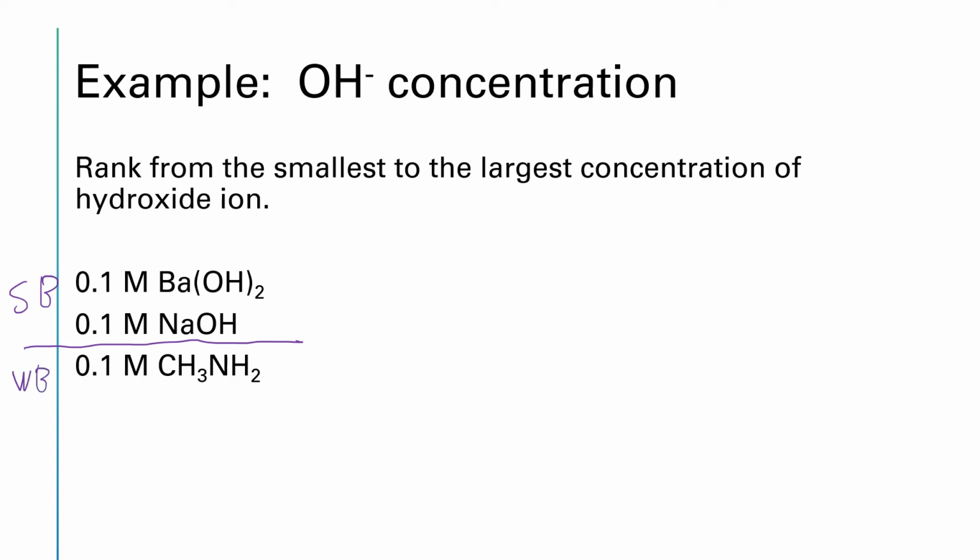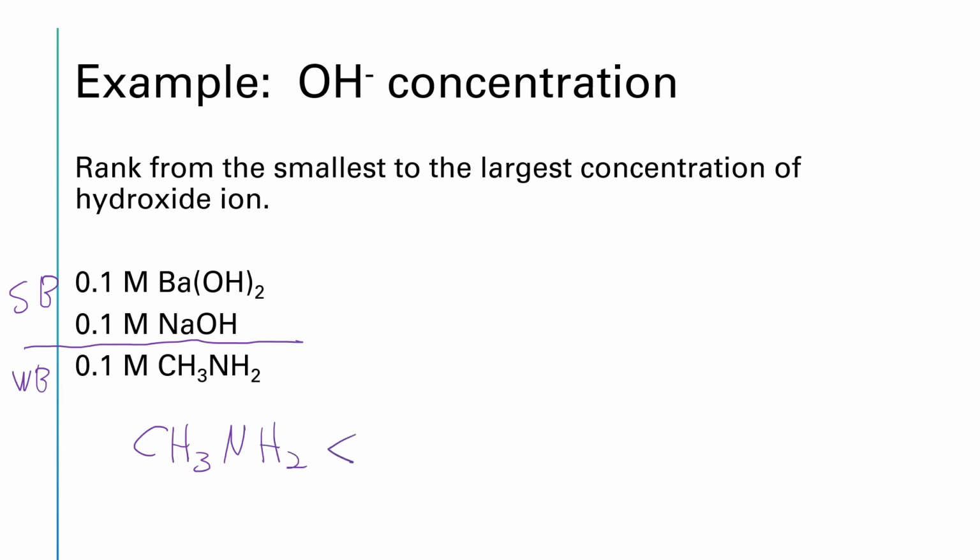Being a weak base means it only ionizes a little bit, and so while the molecule may have a concentration of 0.1 molar as it gets dissolved into water, most of that stays as the molecule. It all dissolves, but only a teeny bit dissociates to give us hydroxide ions by reacting with water.